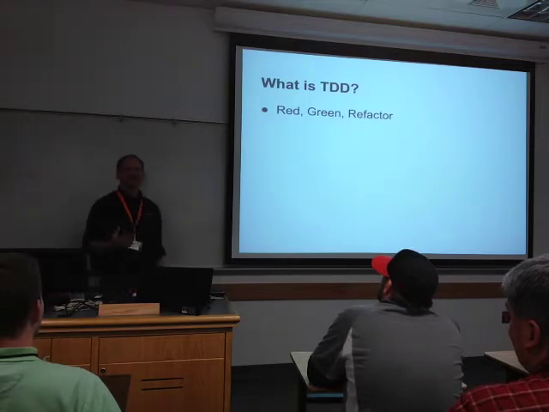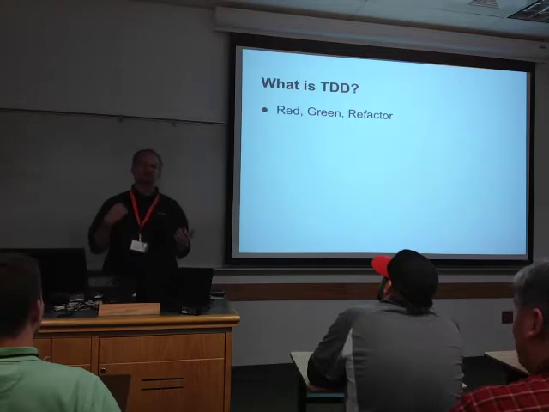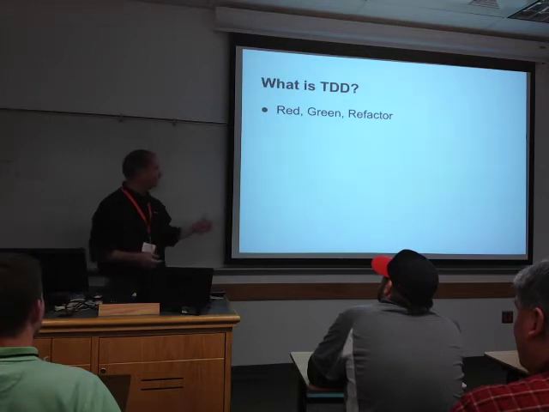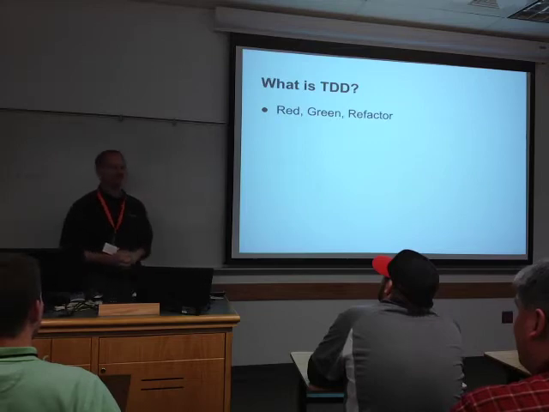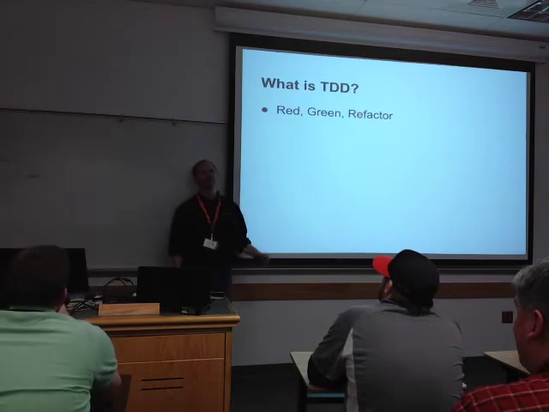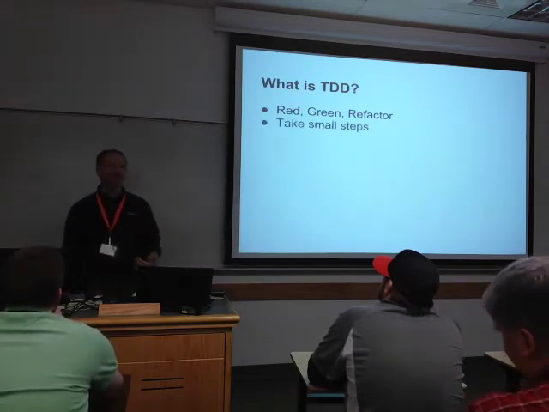My preferred answer is as little time as possible. We're going to do the quickest, least amount of effort to get that test to be green. And then we spend most of our time in the refactor phase. Sometimes we spend most of our time in the refactor phase based on the project. But as soon as we have a red test, we want to make it green. We want our test to be green as soon as possible. So to do that, we want to take small steps.